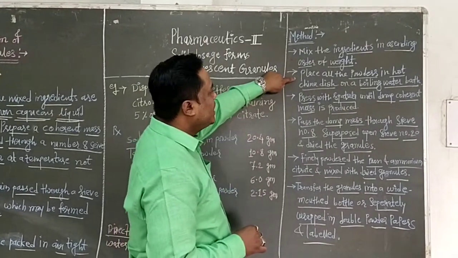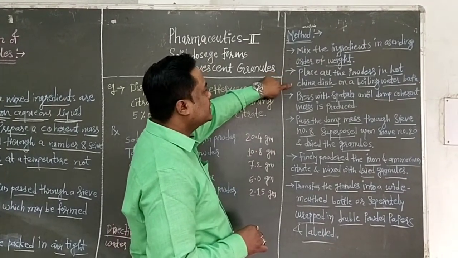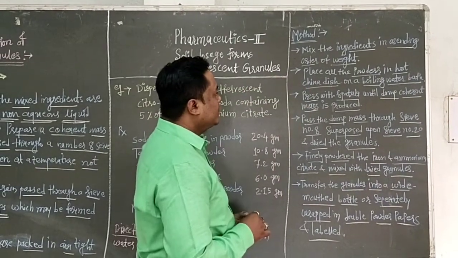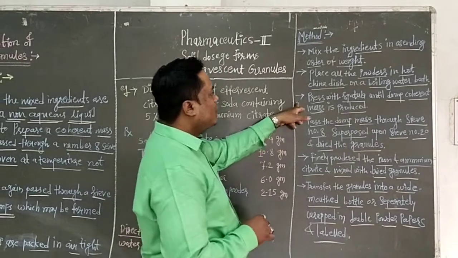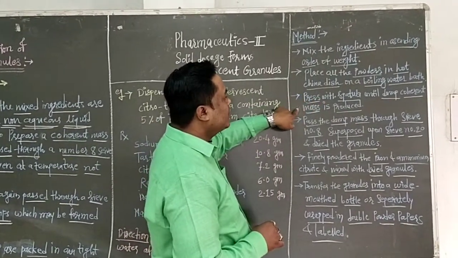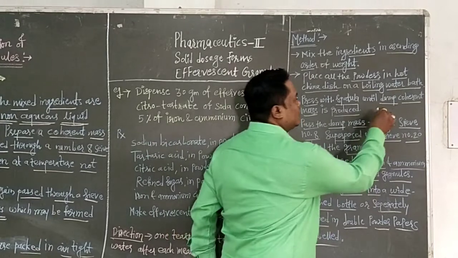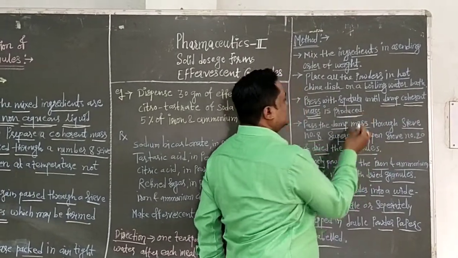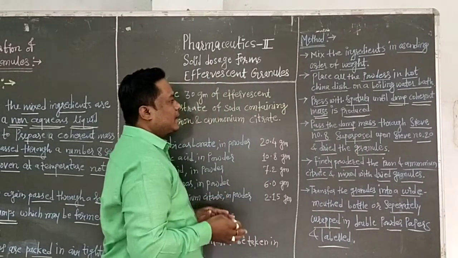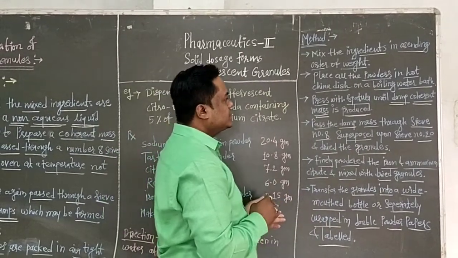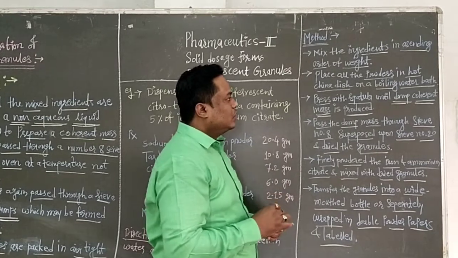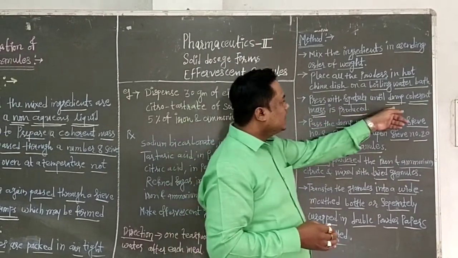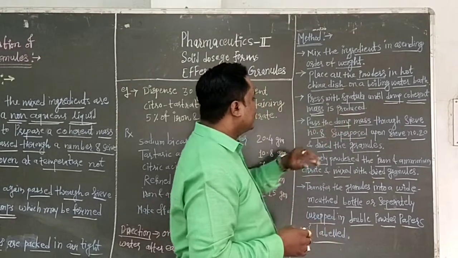Then second, place all the powder in a hot china dish on a boiling water bath. Then press the powder with a spatula until a damp coherent mass is formed, which is important. A coherent mass is the formation of the ingredients with moisture from the water, so that a damp mass is produced.